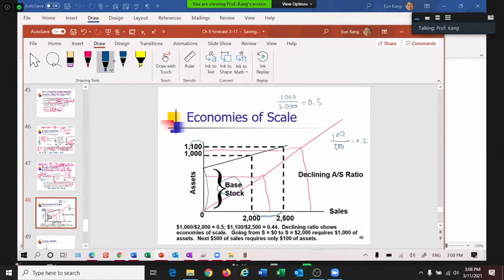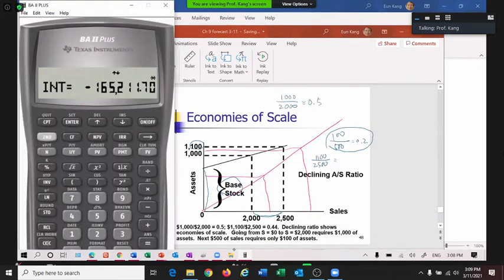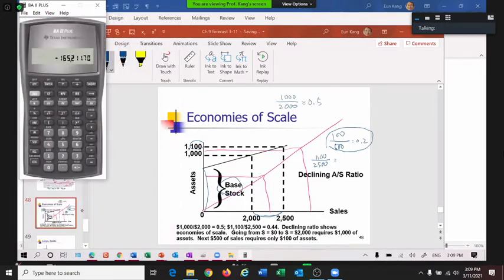But now for 500 more, you have only $100 more. Total is 1,100 over 2,500, which is 0.44.